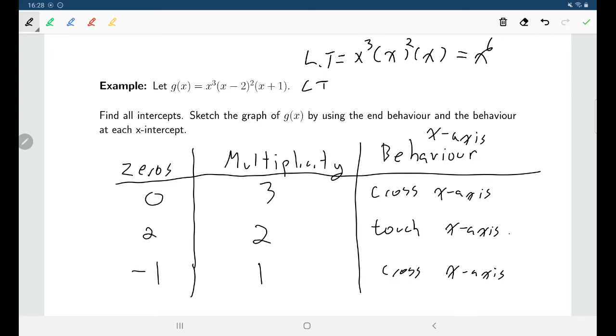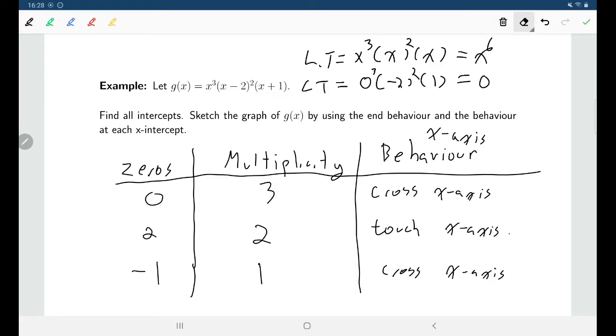And for our constant term, multiplying the constants of all of our factors, the first factor, the constant is 0. The second factor, the constant is -2. The third factor, the constant is +1. And that is just 0.